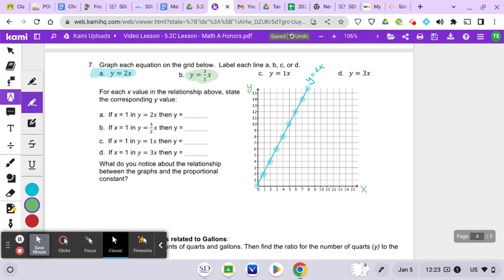Okay, it's still starting at 0, 0. At 1, it's at 1.5. At 2, it's at 3. And then 4.5. And then 6. And then 7.5. And then 9. And then 10.5. And then 12. And then 13.5. And then 15.